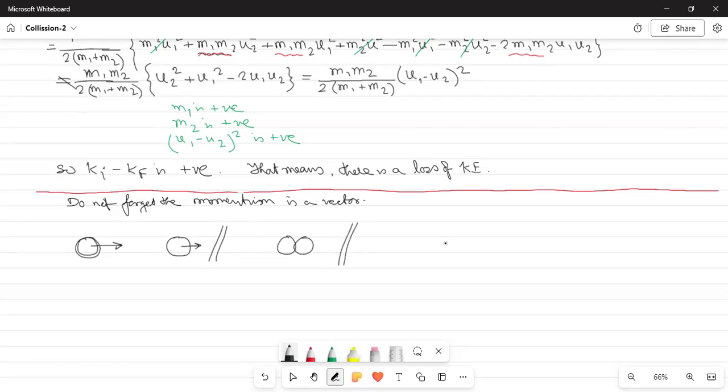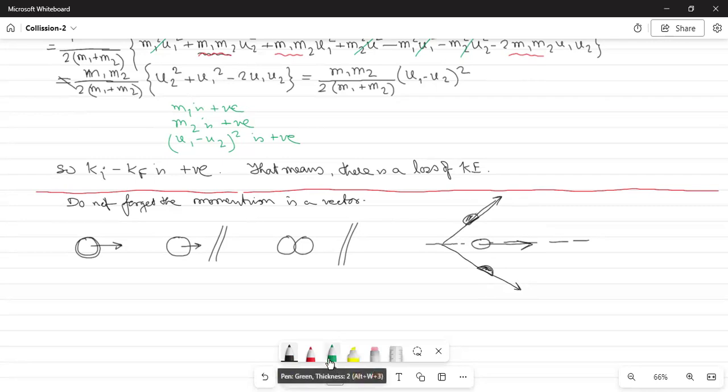Then finally you will find that the second body may have broken into two pieces, one piece going in this direction and another piece going in this direction, and the first body continues to move in the forward direction, or it can also go in a different direction.